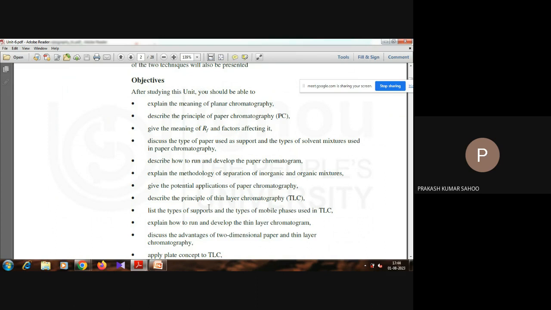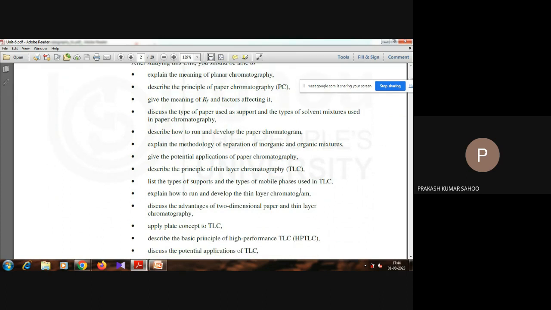Give the meaning of RF, the retardation or retention factor, and the factors affecting it. Discuss the type of paper used as support and the types of solvent mixture used in paper chromatography. Describe how to run and develop paper chromatography. Explain the methodology and separation of inorganic and organic mixtures. Give the potential applications of paper chromatography.